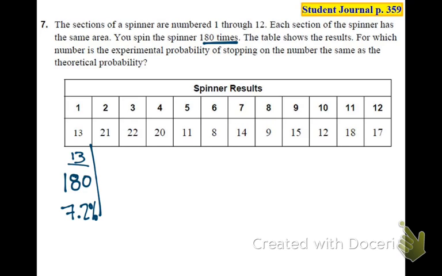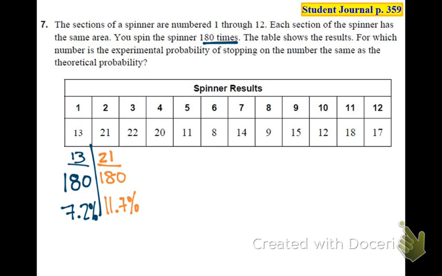You go over 2 decimal places. Okay. So 7.2 does not match 8.3. We could try the second one, which is 21. 21 out of 180. What percent did we roll the number 2? 11.7%.